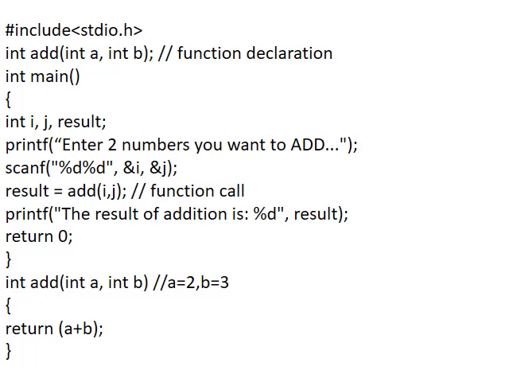Whatever values are stored in i and j will be copied to a and b. So whatever modifications are done to the values of a and b in the function will not change the content of i and j, since it is operating on a copy of the actual values. That's why a and b are called formal arguments or formal parameters, and i and j are called actual arguments or actual parameters.